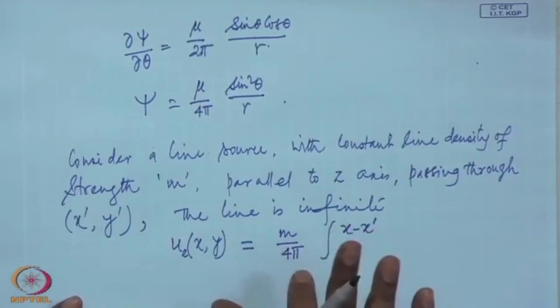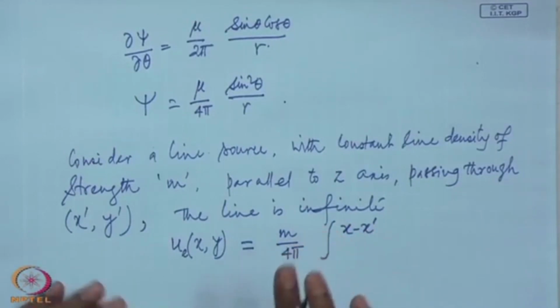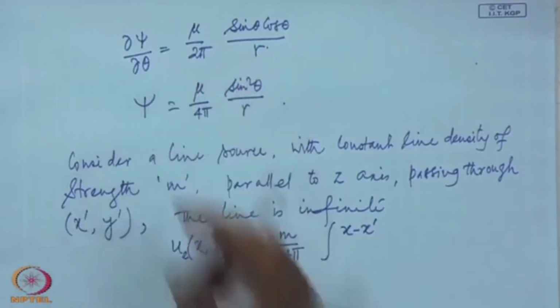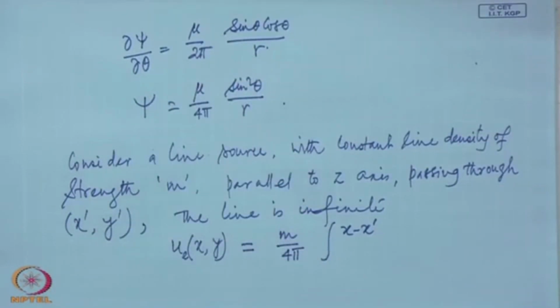Please note these differences, because in this case we are using x as simply one of the coordinates. In the earlier cases, we were using x as the position vector or the point vector. So, that difference you should remember, where we are using x as simply one of the Cartesian coordinates, or where we are using x as a position vector of a point.